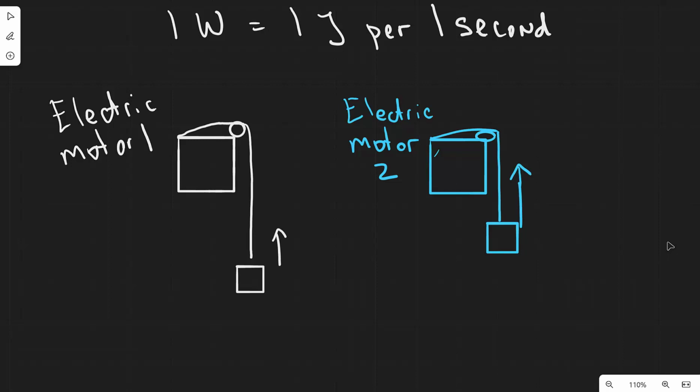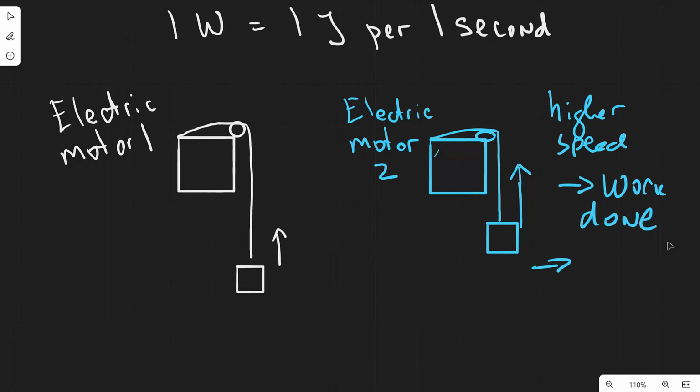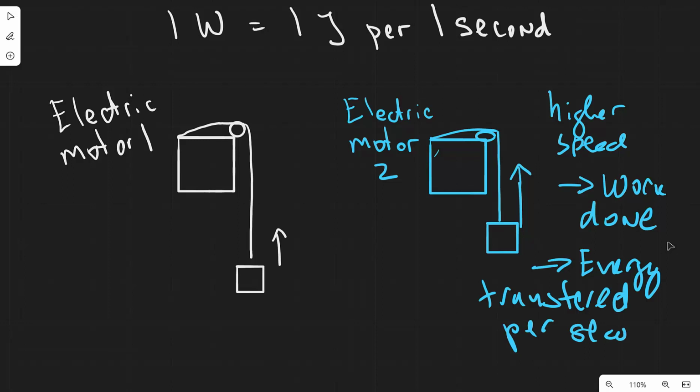So in this case, the higher speed would actually indicate more work done or more energy that's been transferred per second. Therefore, that means that electric motor 2 will have a higher power.